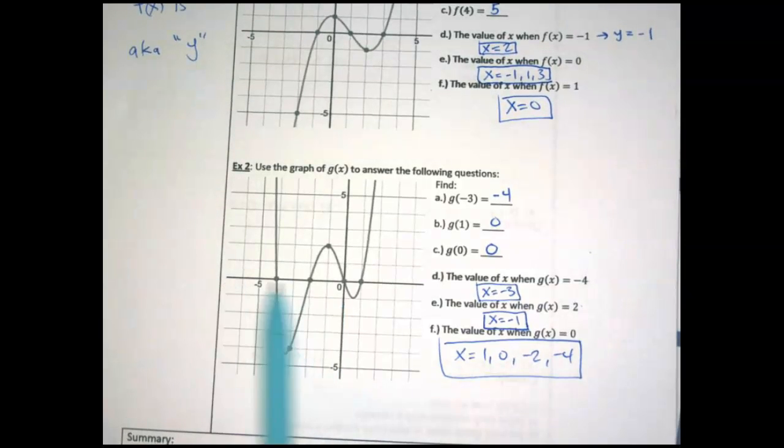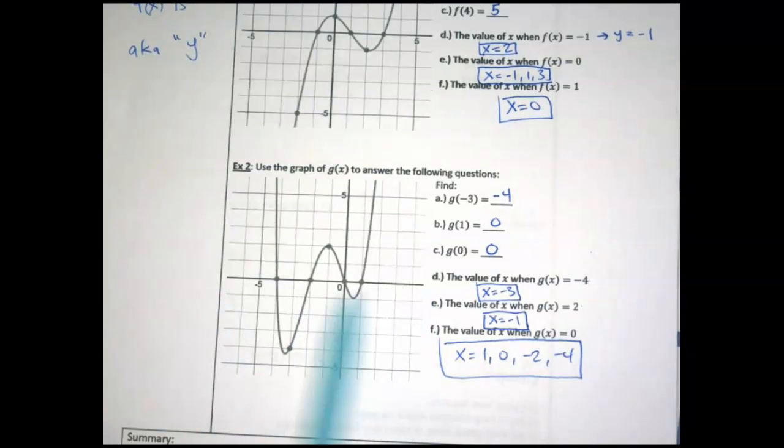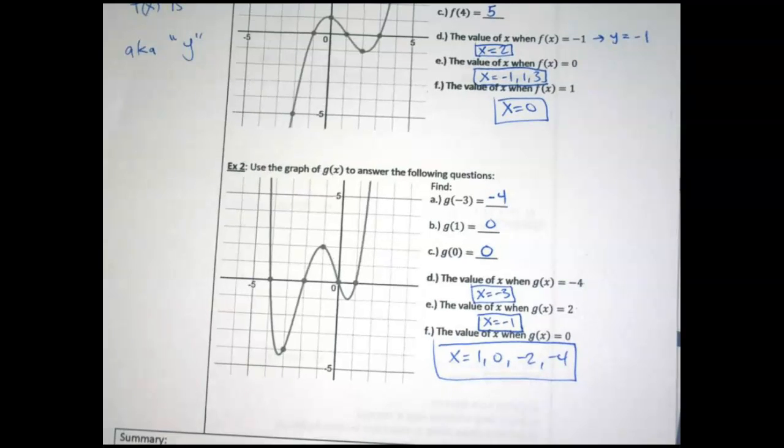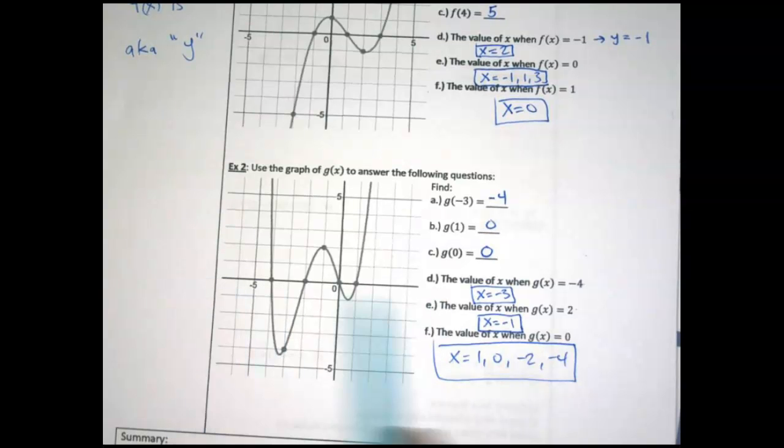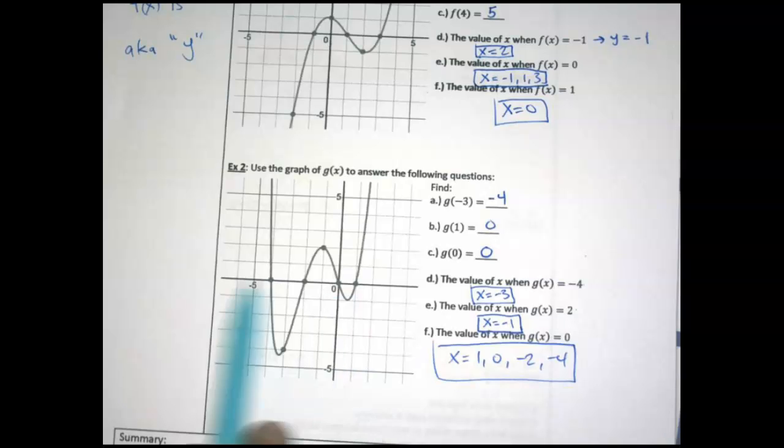However, when y is 0, it's all across this axis. Sorry, I have it backwards, but either way, we're good. So where y is 0 is all along this axis, and where y is 0, we have 4 points. So we have to label all those values of x where y, aka where g of x equals 0.